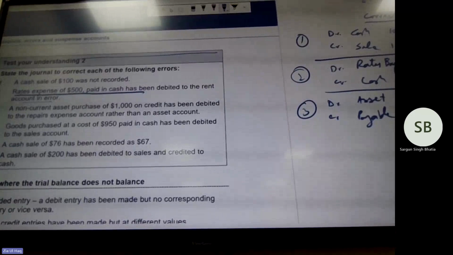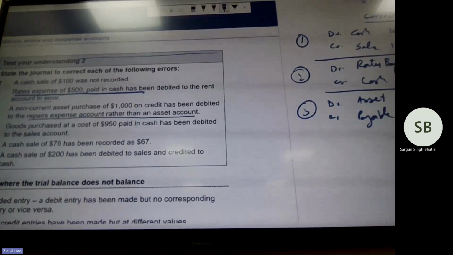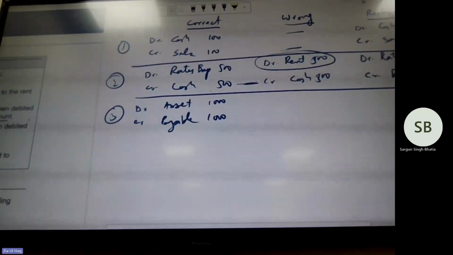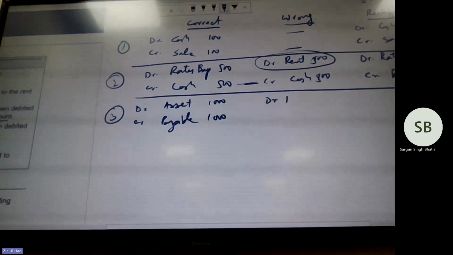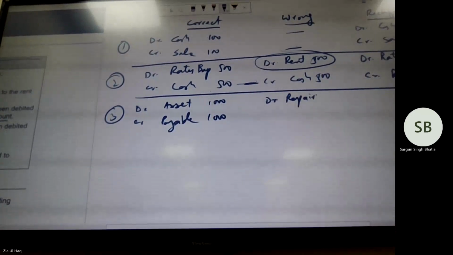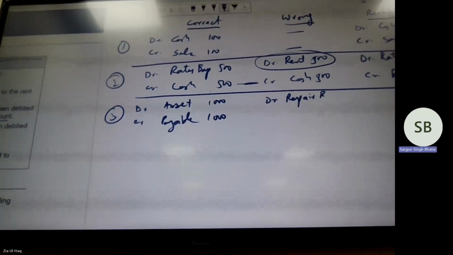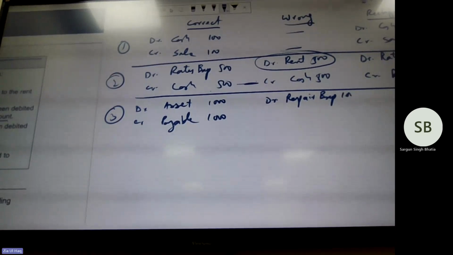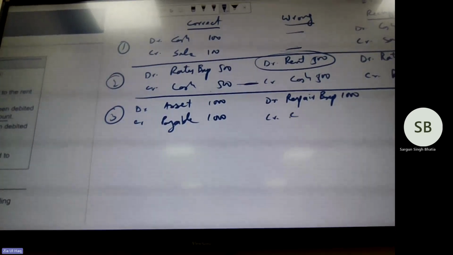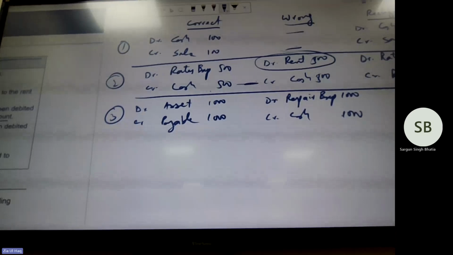What happened? It has been debited to the repair expense account rather than an asset account. Instead of asset, we have written debit repair expense. On the credit side, payable is as it is.